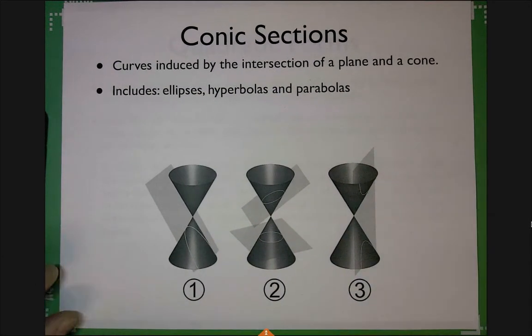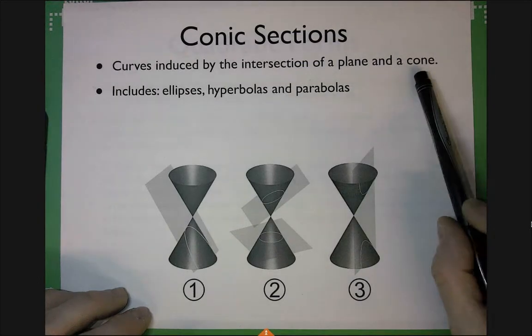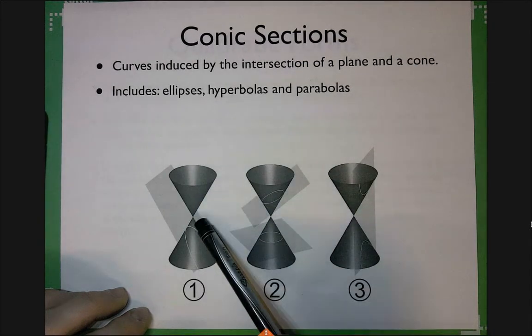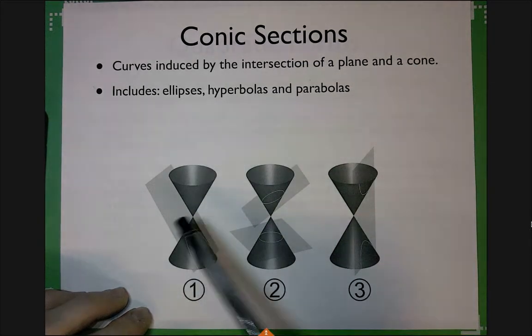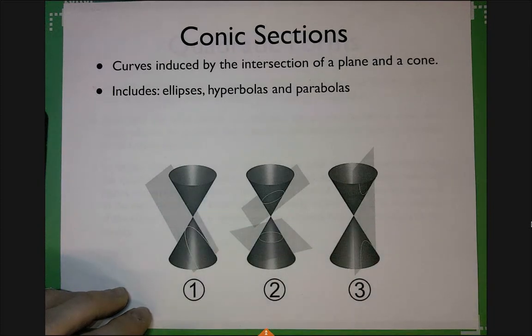You can also explain these curves as conic sections. So I take a cone, like two ice cream cones glued together at the center, and then I cut it with a plane.